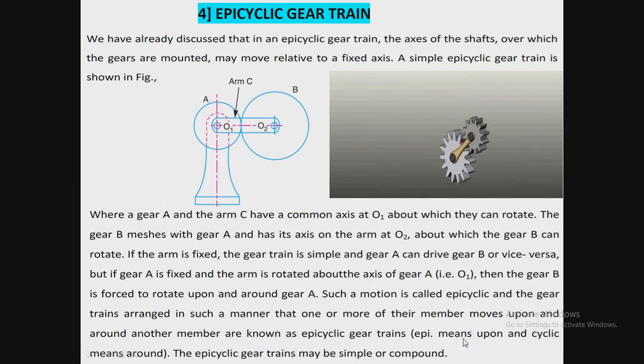Epicyclic: epi means upon and cyclic means around. The epicyclic gear train may be simple or compound.